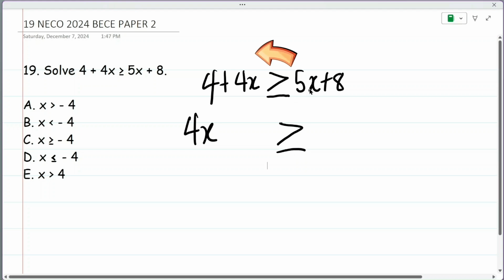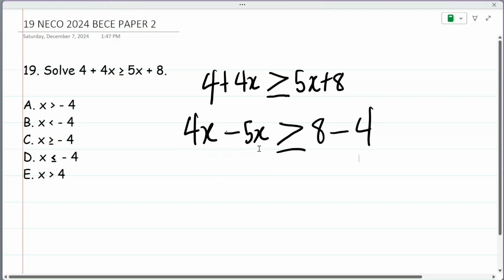The plus 5x crosses and turns to minus 5x. On the other side, we have our plus 8 still on this side. Then the plus 4, this 4 has a plus, since the negative sign is not written in front of it, it's always positive. So the plus 4 crosses the greater than or equals to sign to the other side and becomes minus 4, because it functions like the equals to sign.